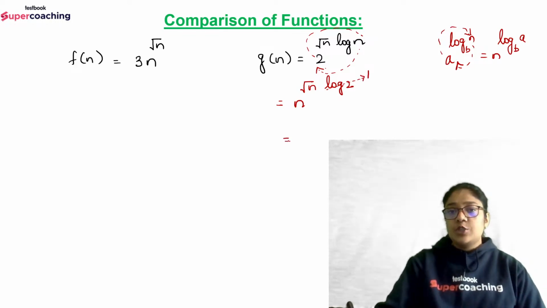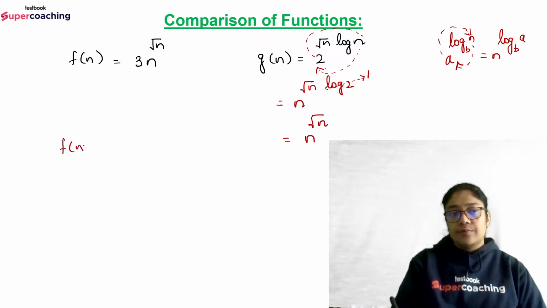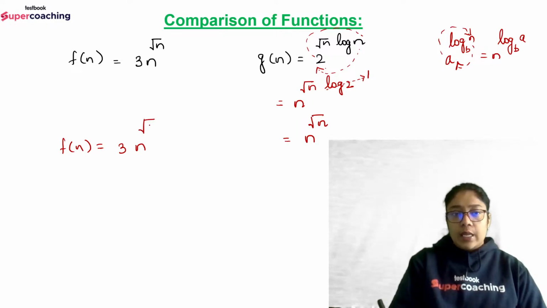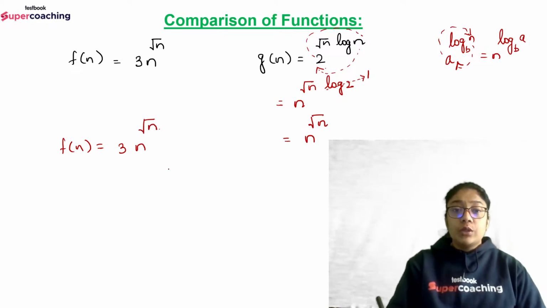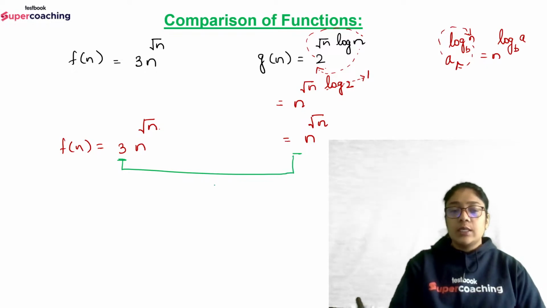So ultimately g of n is nothing but n raised to power root n, and f of n is given as 3n root n. If you see here, both the functions differ by the constant. दोनों functions में किस चीज का difference आ रहा है? Constants का. Both functions differ by constant.